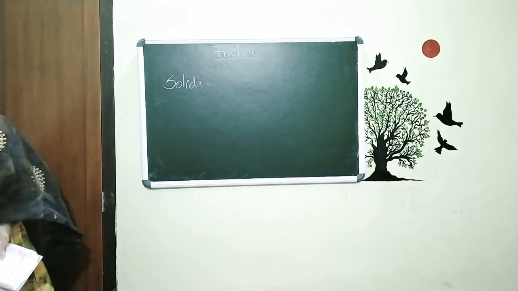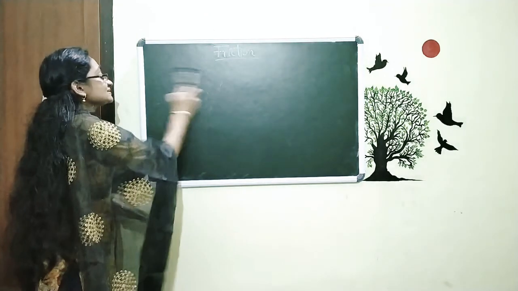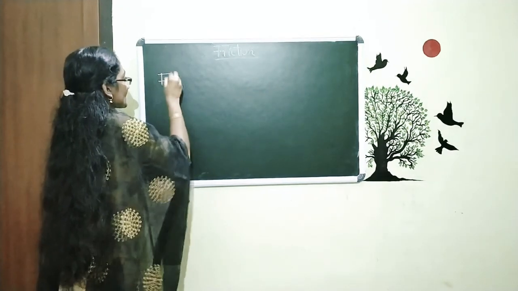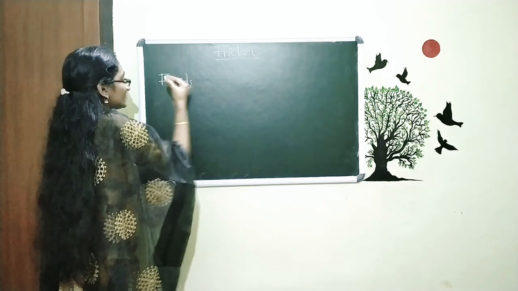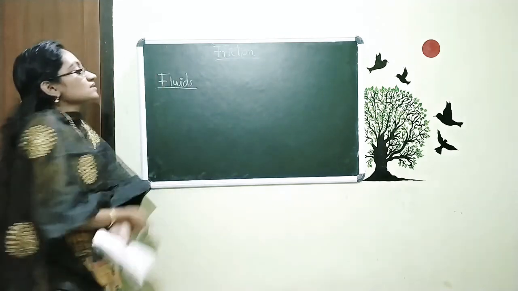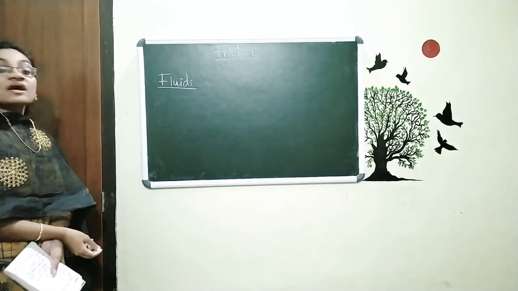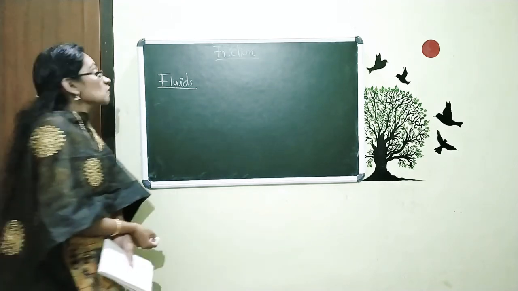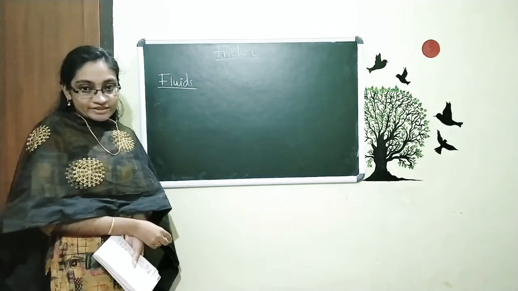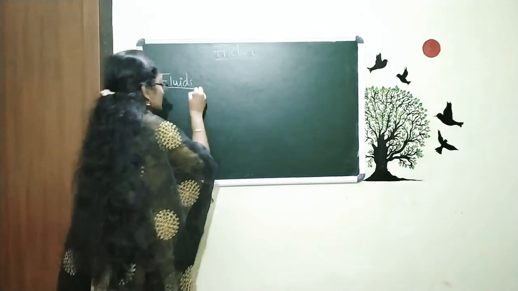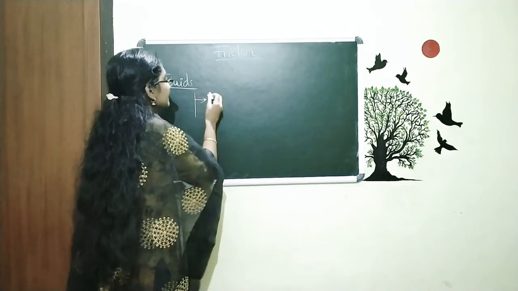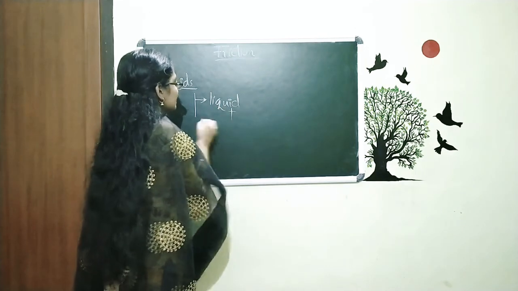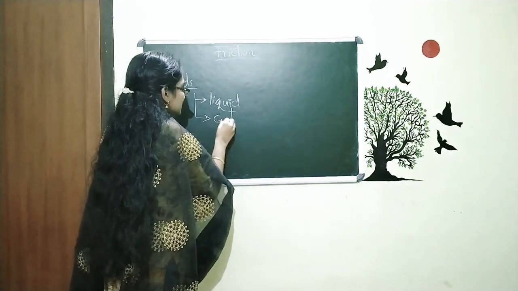Now we want to discuss the friction that takes place in fluids. First question is, what are fluids? Actually, the things that flow we include in fluids. Generally we can say liquid and gas.